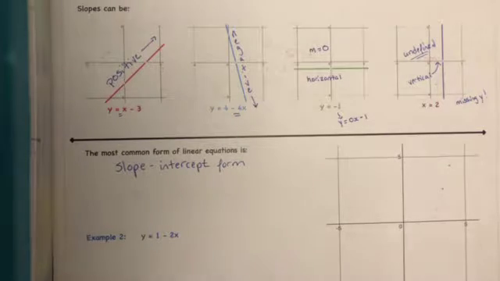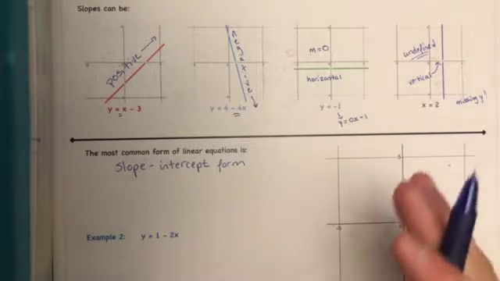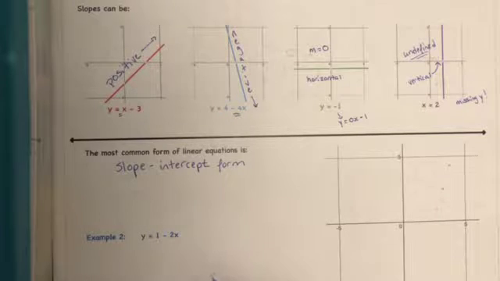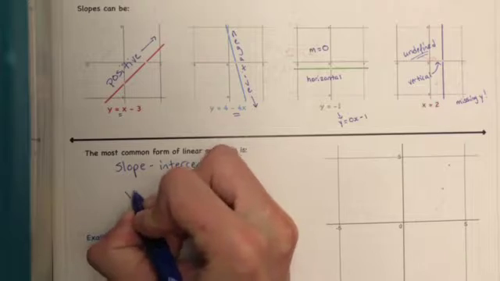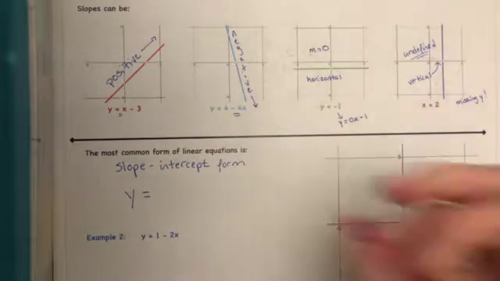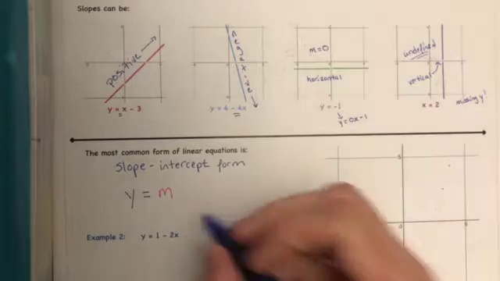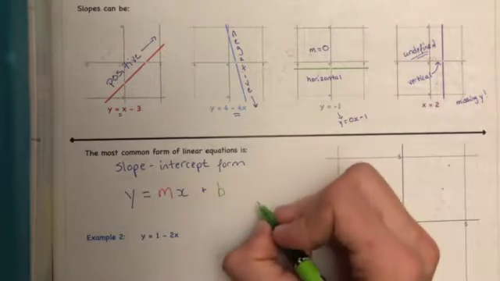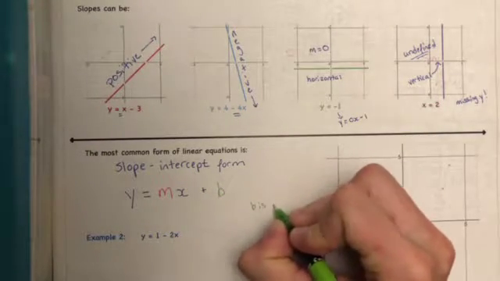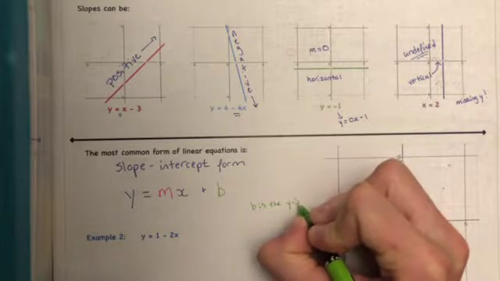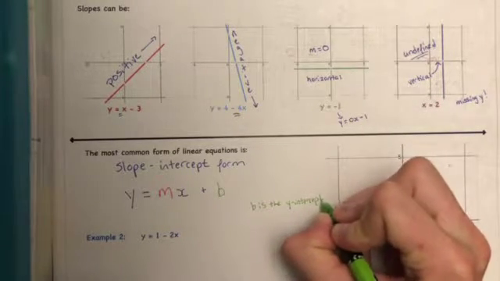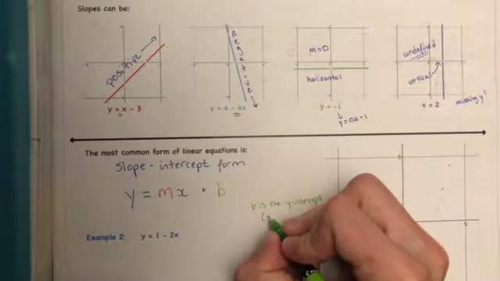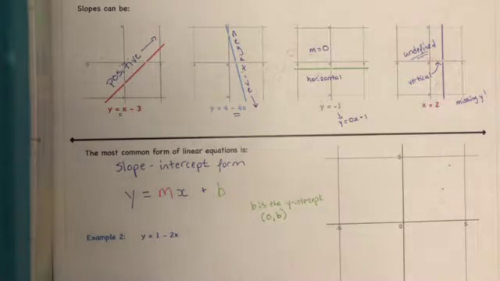It's a nice simplified form where we're left with one x and one y and a slope and then a constant. And so slope-intercept form always looks like this. y equals mx plus b, where b is the y-intercept, which means that it's the point (0, b) on every graph.